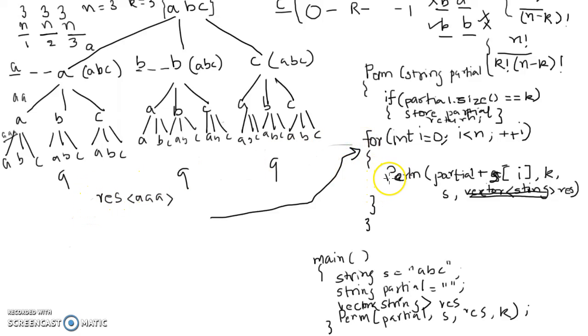Remember that this is a recursive call stack. So when this call returns back here, the partial is AA, and the index was 0.